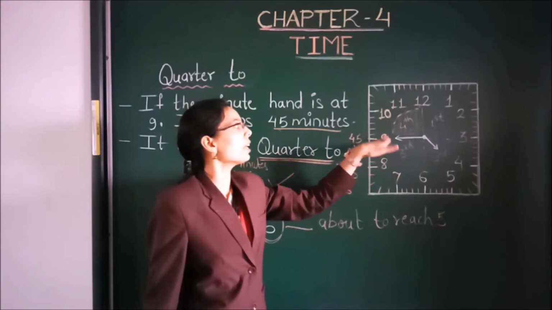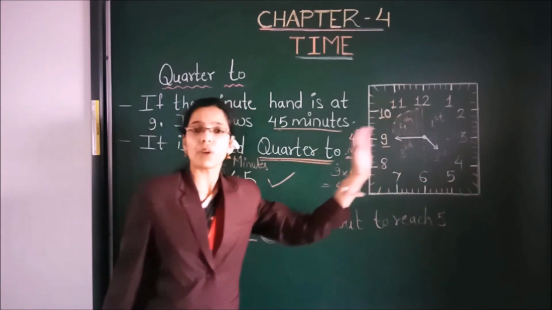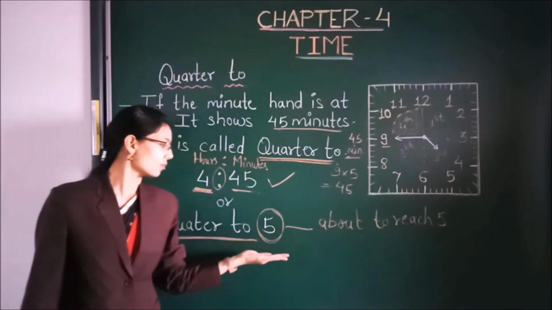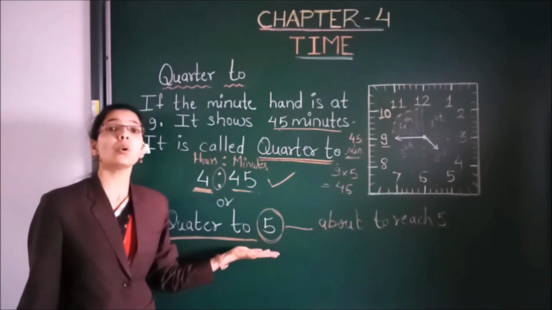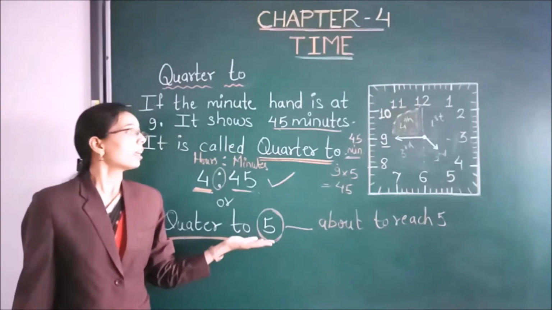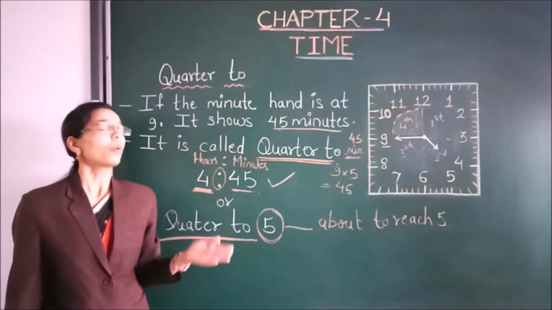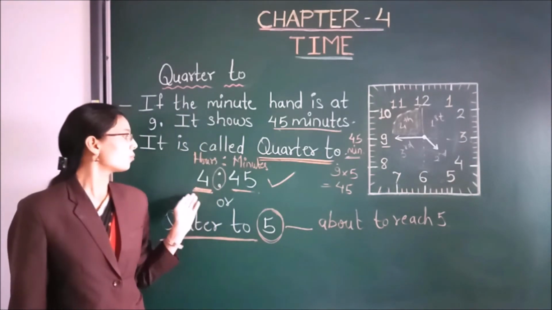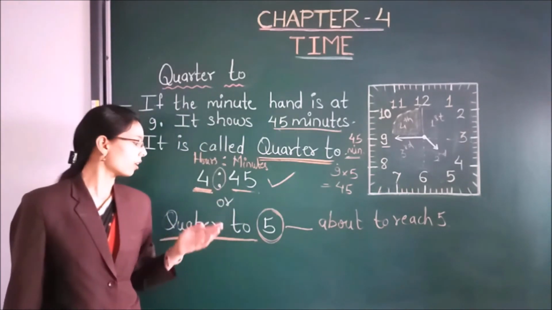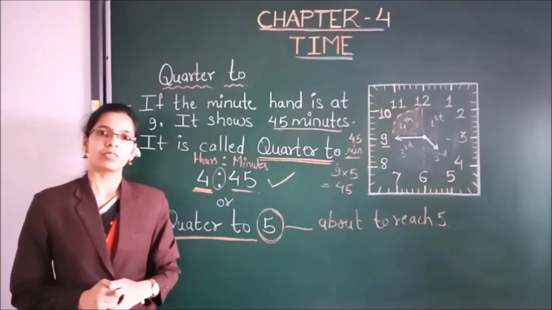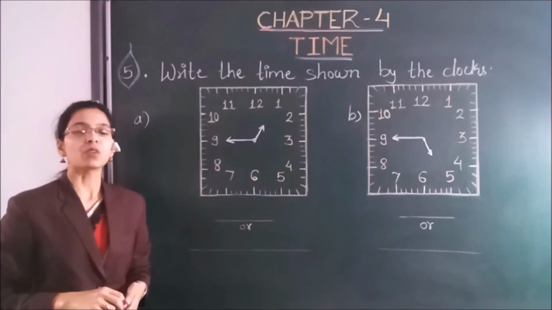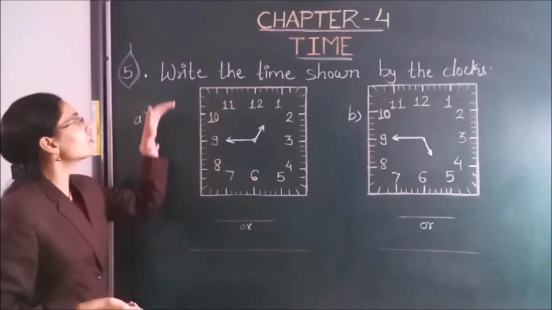After 4:45, the time will be 5 o'clock. That is why we have written here quarter to 5. So in this quarter to, we will write the timing 4:45 or quarter to 5. Understood?